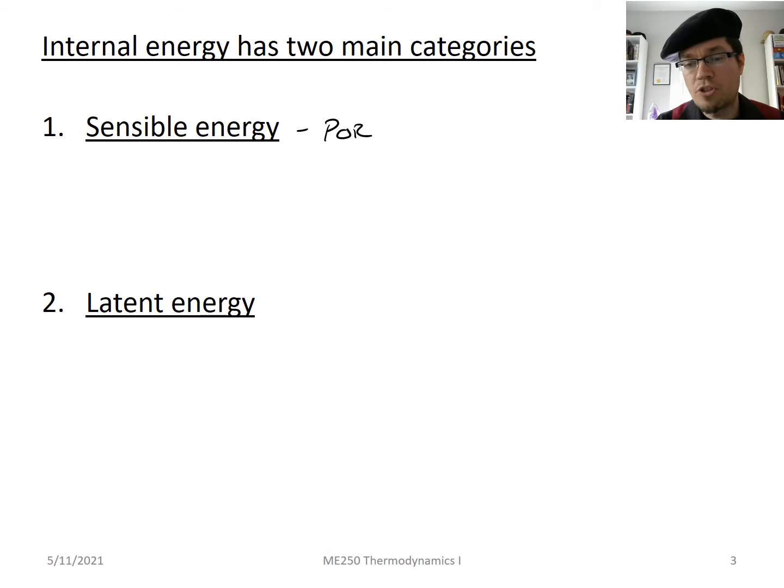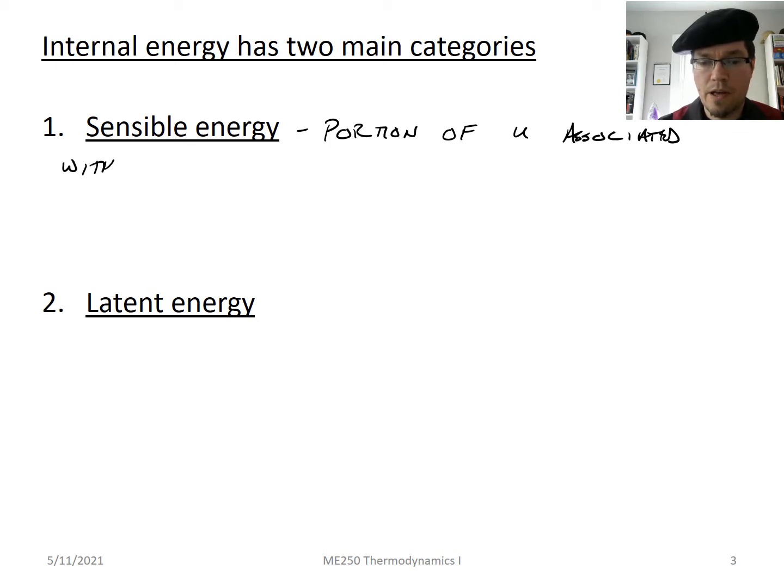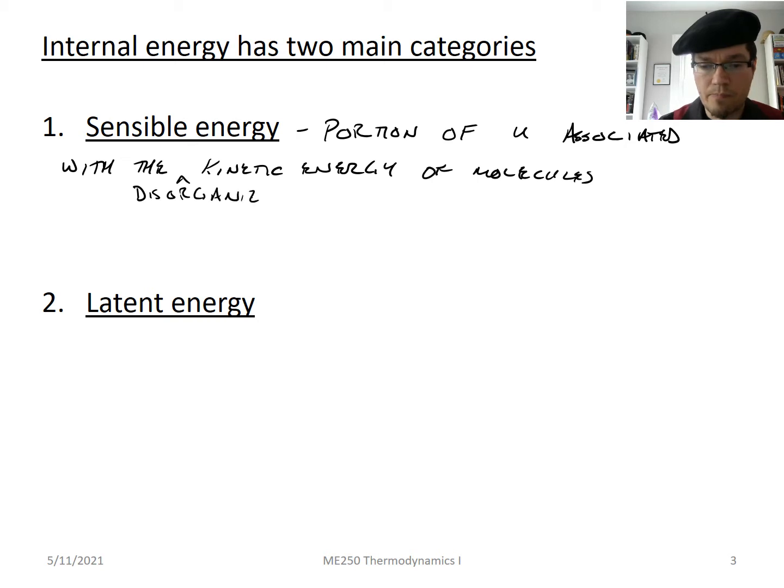And this is the portion of the energy, or the portion of U, which is associated with the kinetic energy of the molecules. And I should maybe put in the disorganized kinetic energy of the molecules.